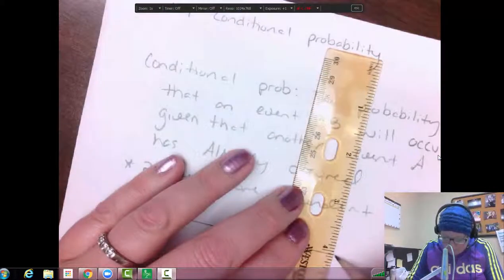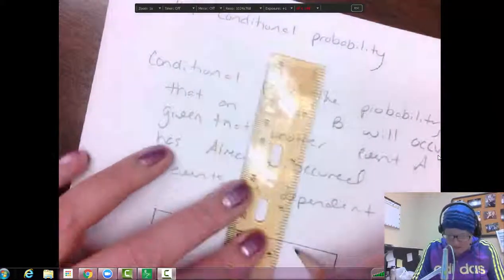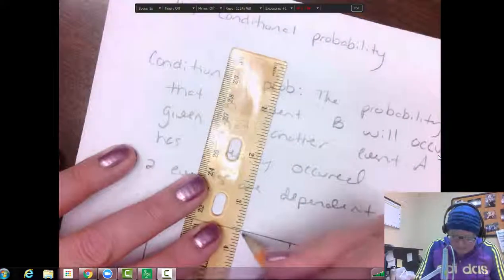I don't know why I'm such a perfectionist on this kind of stuff, but I am. I always have my ruler out.